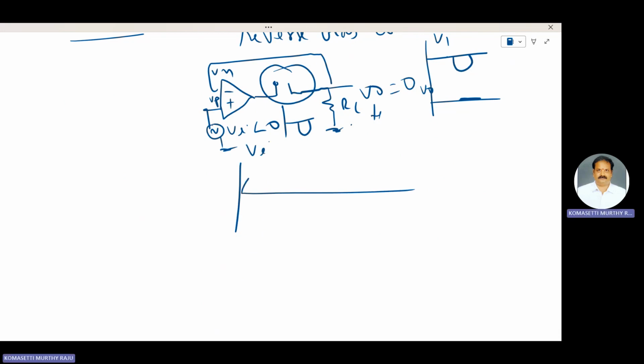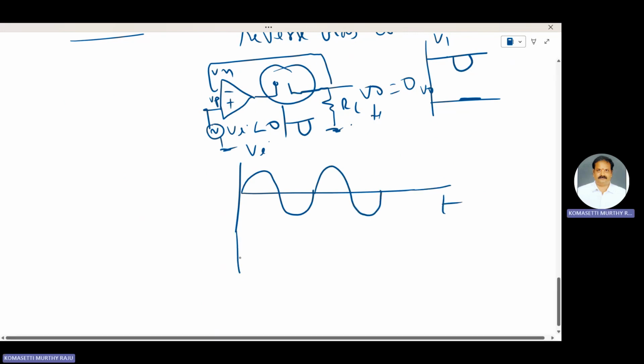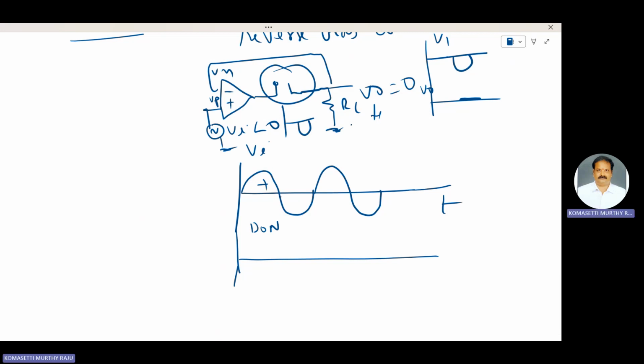Now consider the combined effect. Input voltage Vi, this one is time period T. The diode D is on during the positive cycle. Whatever appears at the input positive cycle, Vi greater than 0, appears here: V0 is equal to Vi.